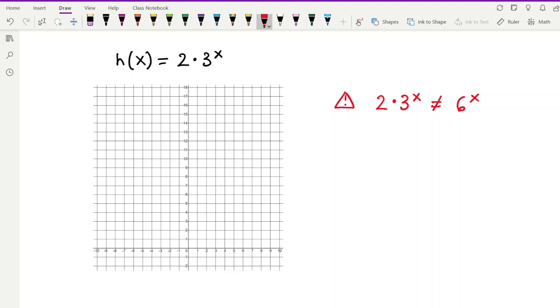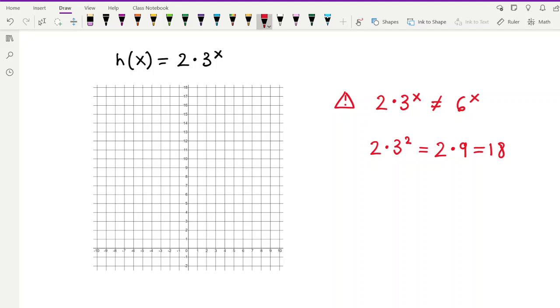So how can we demonstrate to ourselves that that's not true? Well, let's pick a number for x. For example, let's say you're doing 2 times 3 squared. According to order of operations, you should do 3 squared first, right? Exponents come before multiplication. So 3 squared is 9, and we have 2 times 9, and 2 times 9 is 18.